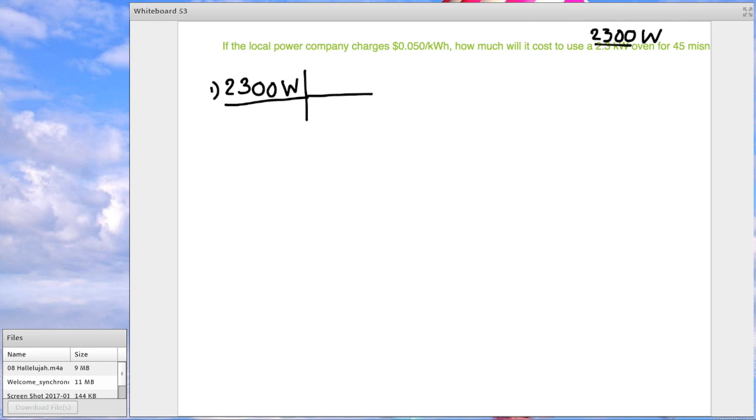So we've got our watts, 1,000 watts in 1 kilowatt, and we're going to get 2.3 kilowatts. That's the big thing that a lot of people do: they forget to convert it to kilowatts. Luckily, this one already had it, but we pretended it didn't, just so we know.